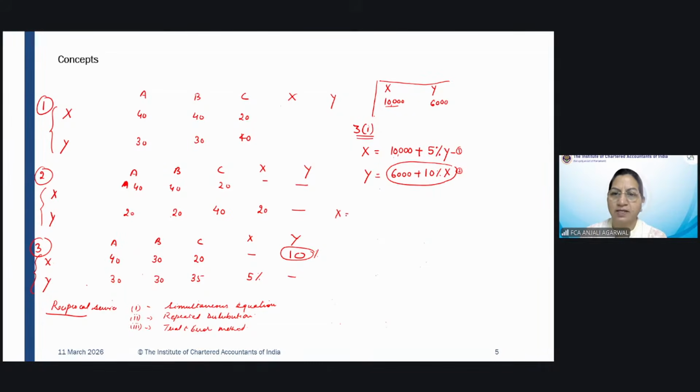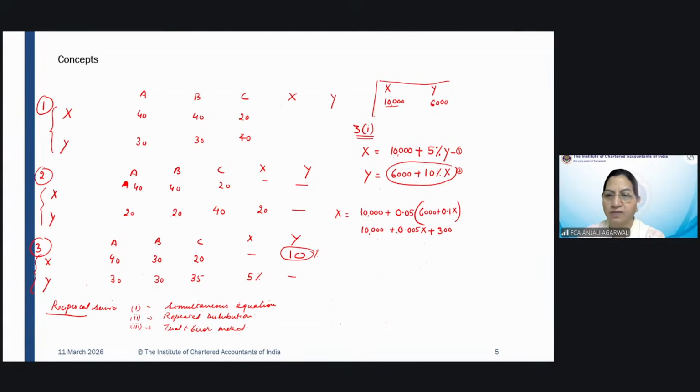So X is actually 10,000 plus 5%. Instead of 5%, I'm writing 0.05 of Y. So Y is 6,000 plus 0.1X. When you solve this, you will get 10,000 plus 0.005X, and 5% of 6,000 is 300.